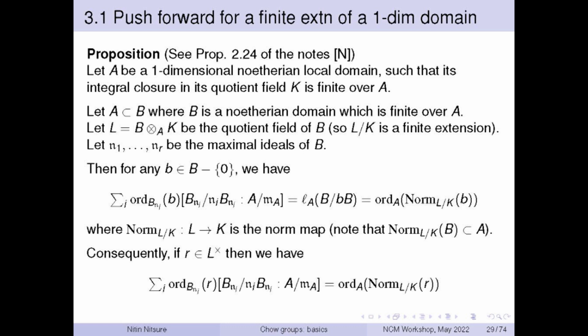If you remember how we are doing it on P1: how many times it vanishes and what is the degree of the point, and multiply those and add up over all those points. Then you get the degree. You have to multiply by this. Okay, that is exactly what is happening here. If you can separate these two things, you can say that, oh, I have a local homomorphism of Noetherian local domains.